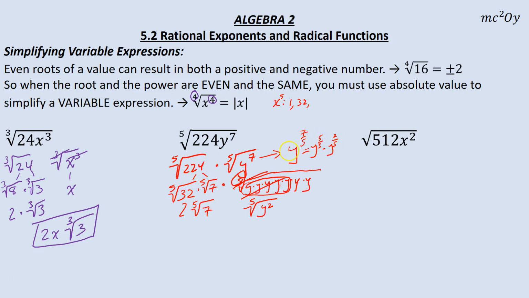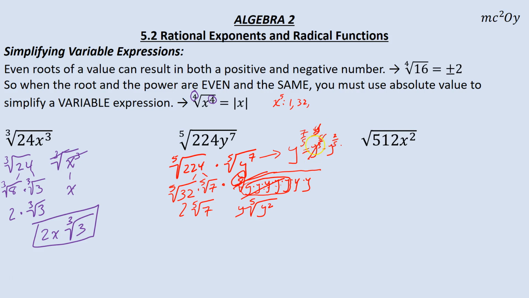You can just undo your powers here, and this is just y to the 1st, and y to the 2/5. So this y to the 1st right here is the one that, oops, I didn't write it down there, is the one that came out when we took the fifth root of y to the 5th. Okay, so we have that y to the 1st and then the y to the 2/5 right here.